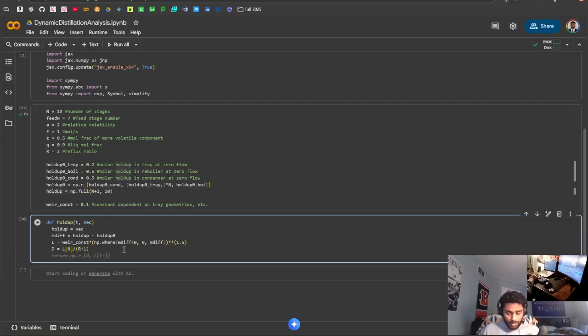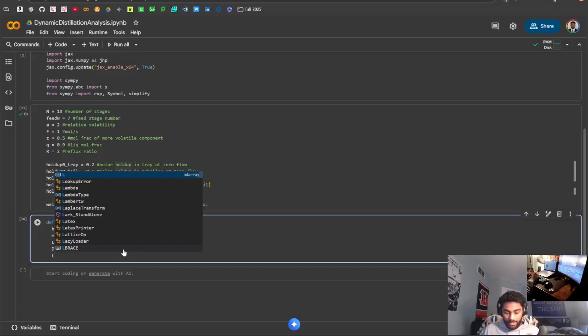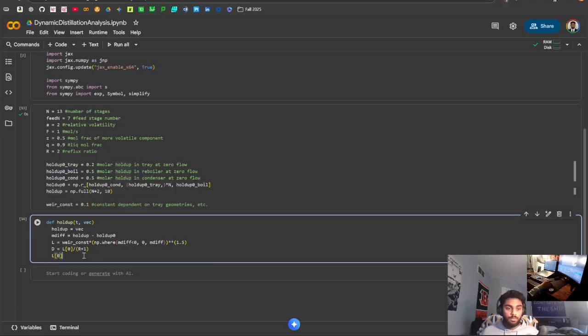And then what I'm going to do is redefine our initial position for our liquid flow rates. And this is simply going to be our definition of the reflux ratio, R, times our distillate flow rate. So redefining that using this distillate flow rate that we had just calculated.